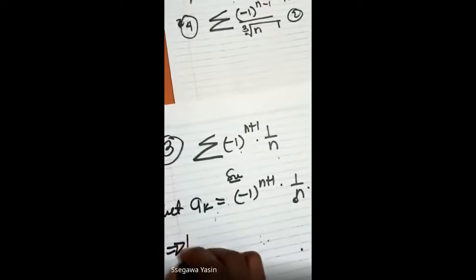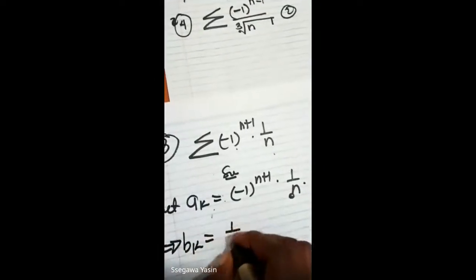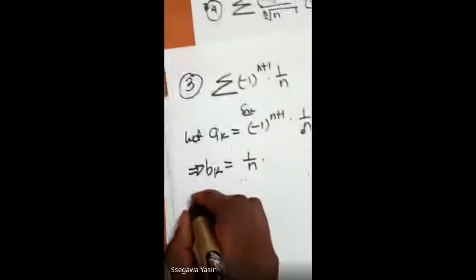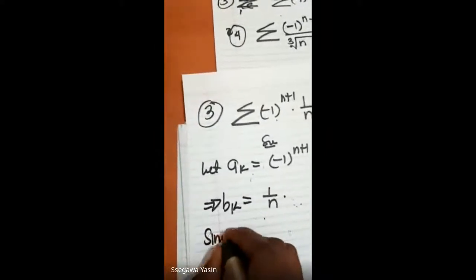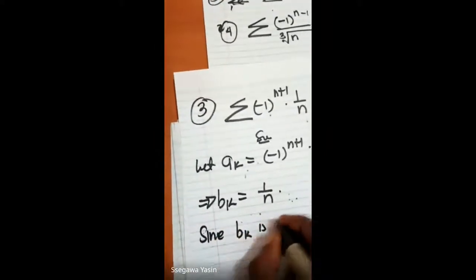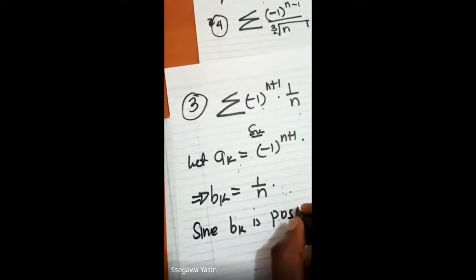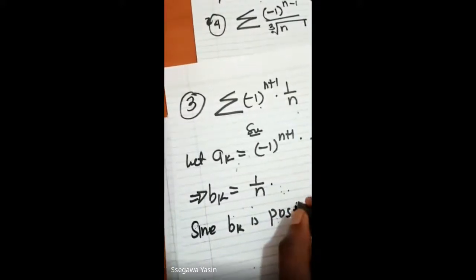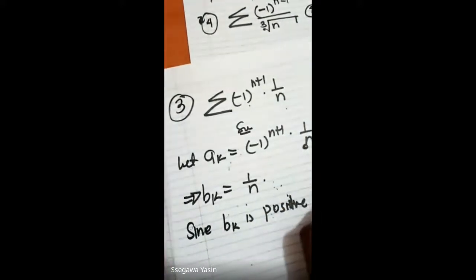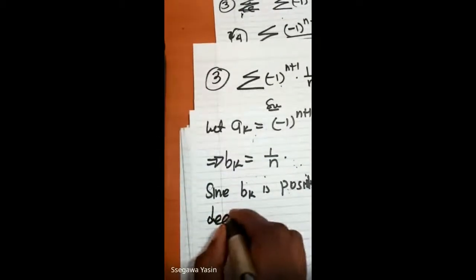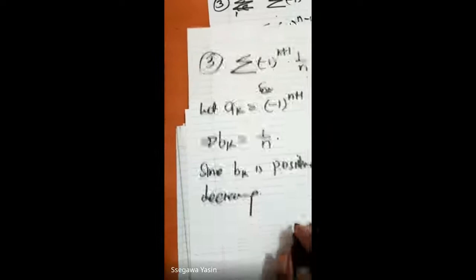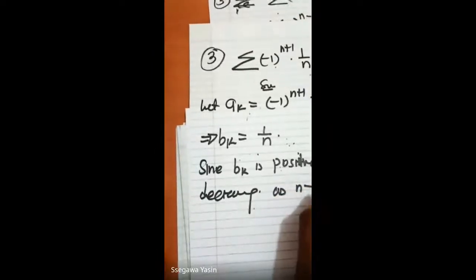This implies that b_k will equal 1 over n, since b_k is positive and decreasing as n goes to infinity.